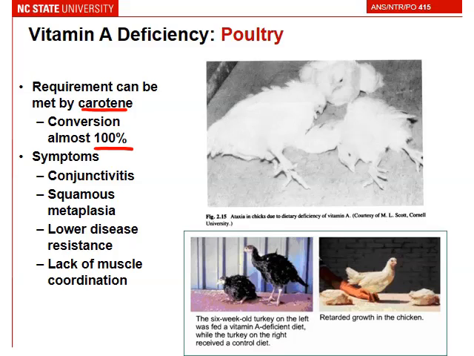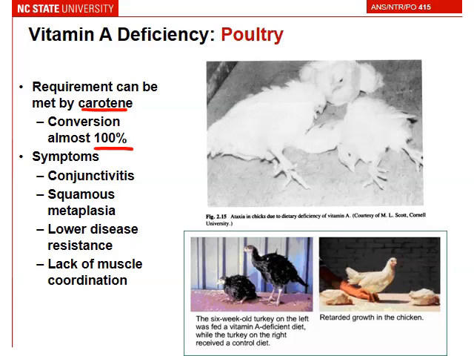You'll have squamous metaplasia. As I mentioned, this isn't so much clinical; it is going to be more of a histological analysis. So you have to do some pathology to determine the squamous metaplasia.